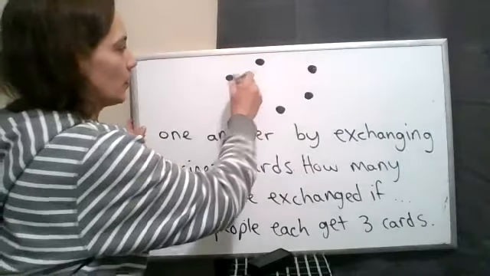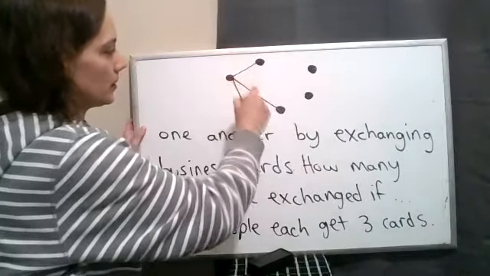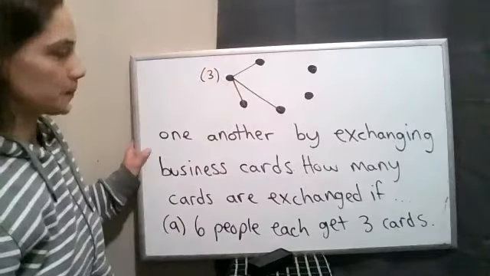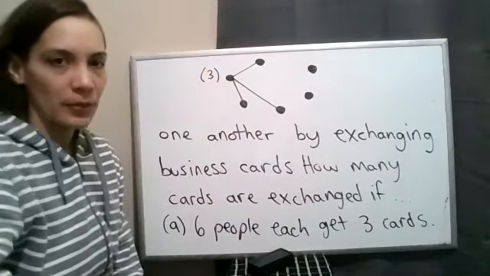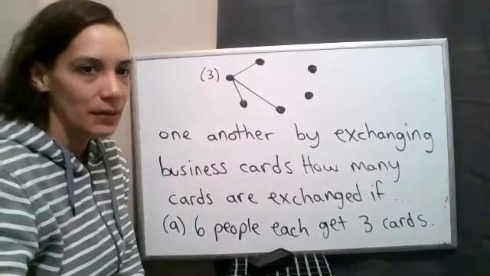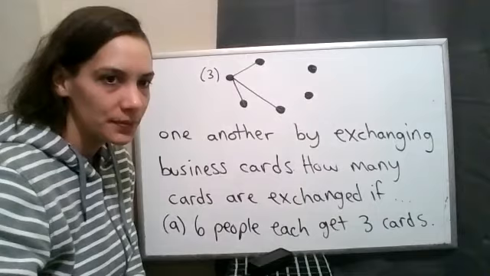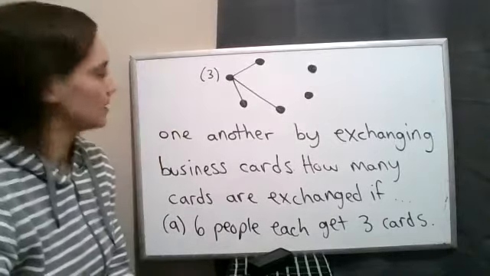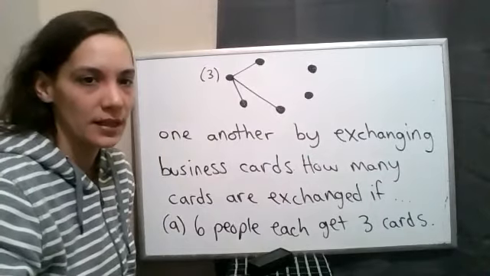This will be 1, 2, 3. And I've done this problem before. Sometimes the graph is tricky to draw, so I'm going to sneak a peek at my answer key. But just to let you know, sometimes graphs can take a little while to get all of the right connections.